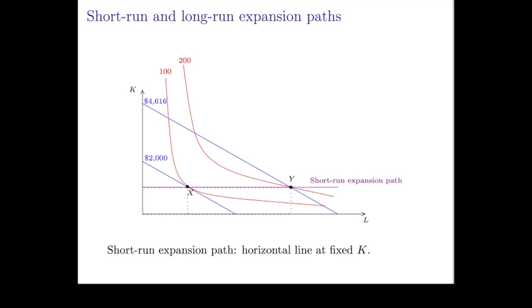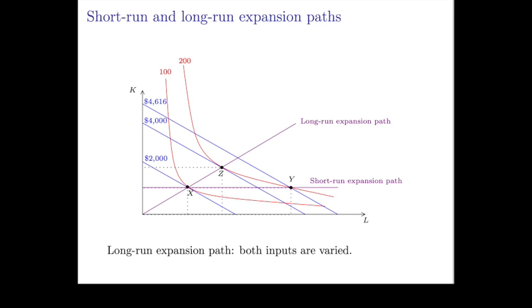Now, what do the long run and short run expansion paths look like? Well, remember, in the short run, you can't vary capital. So the short run expansion path is just going to be at a fixed capital level. So you're going to be just increasing labor if you want to increase your output. Whereas the expansion path in the long run is going to be increasing both capital and labor.